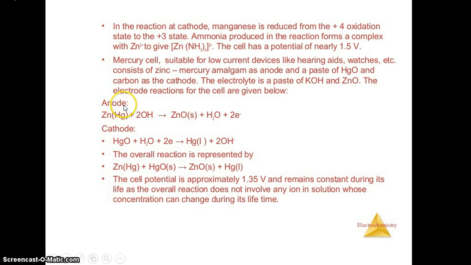At the anode, zinc reacts with the electrolyte to form zinc oxide plus water plus 2 electrons, and at the cathode mercury oxide reacts with water giving mercury. The overall reaction is zinc plus mercury oxide giving zinc oxide plus mercury. The cell potential is 1.35 volt and it remains constant during the reaction.